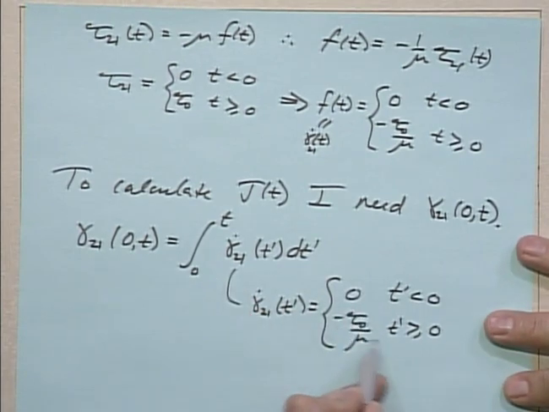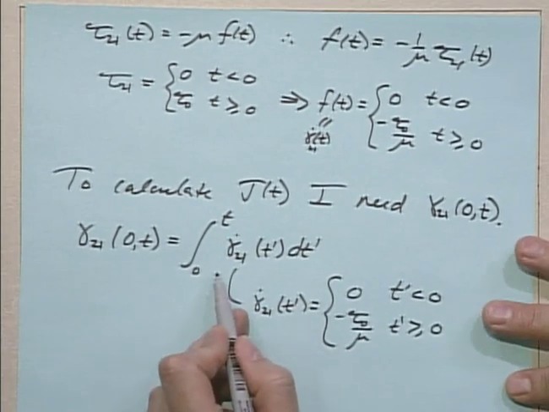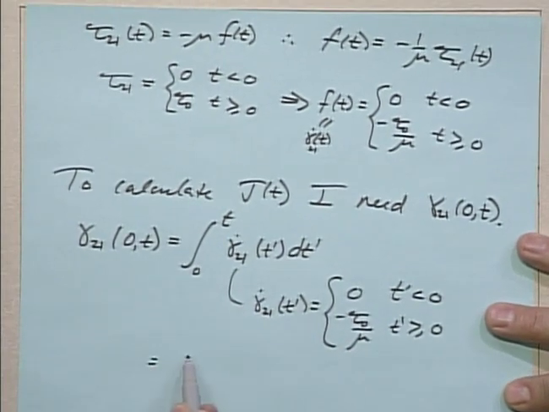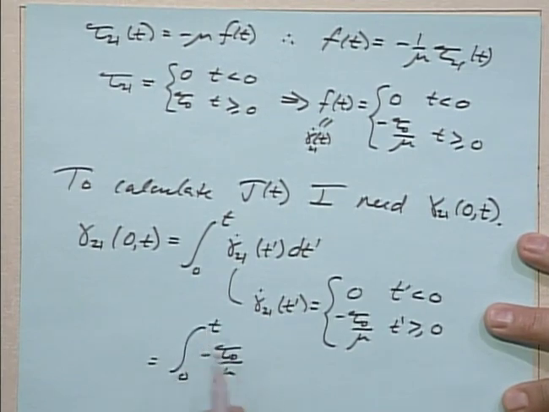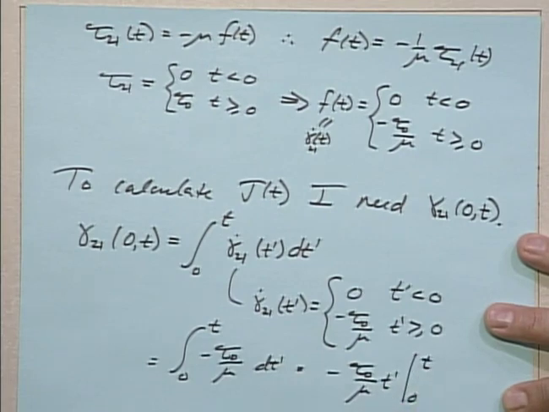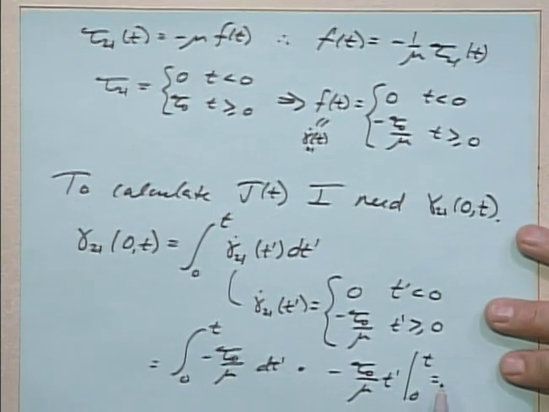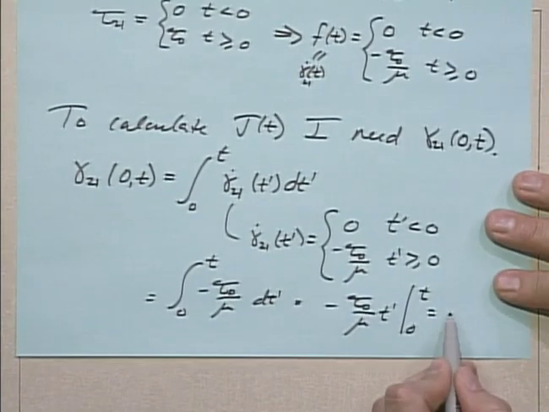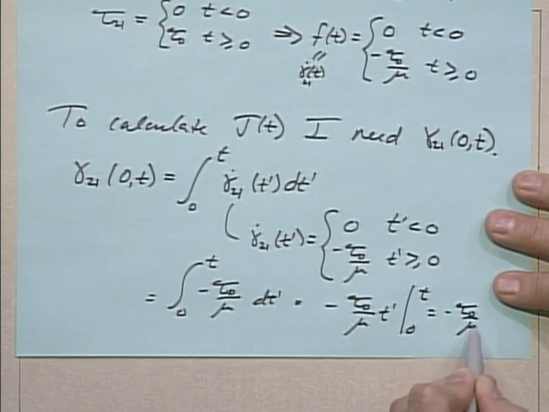So it's just this part. I just get to integrate minus tau naught over mu, which is a constant, between 0 and t, dt prime. And so that's minus tau naught over mu t prime evaluated from 0 to t. And that's minus tau naught over mu t minus 0.